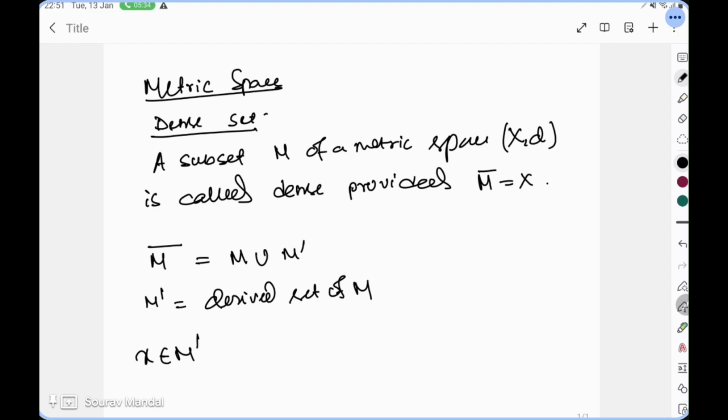Now, x belongs to M dash. What does it mean? x is a limit point of M. But how can you write it mathematically? There is a condition: if and only if for any epsilon greater than 0, if you consider the open ball centered at x with radius epsilon, its intersection with M is non-empty.